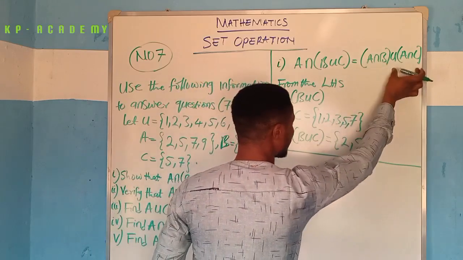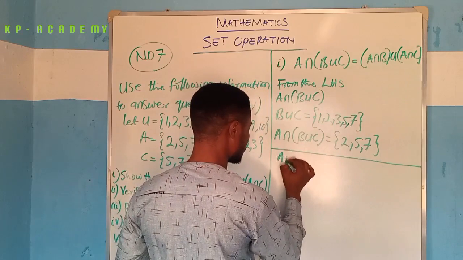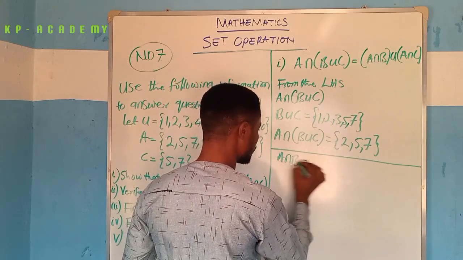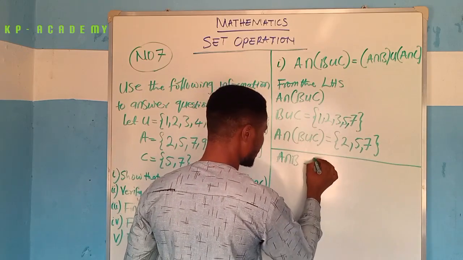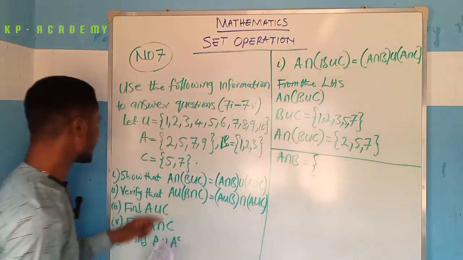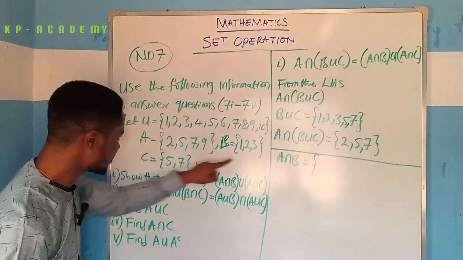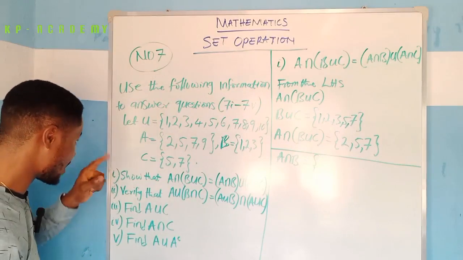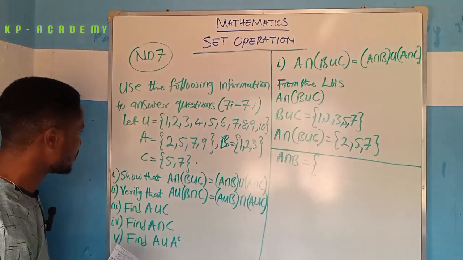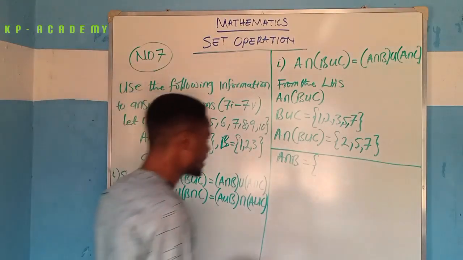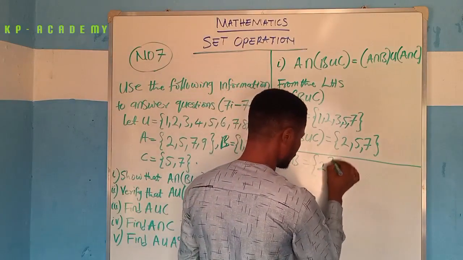Let us take A intersection B first. This is set A, this is set B. What do both of them have in common? They have 2 in common only. So A intersection B is nothing but 2.